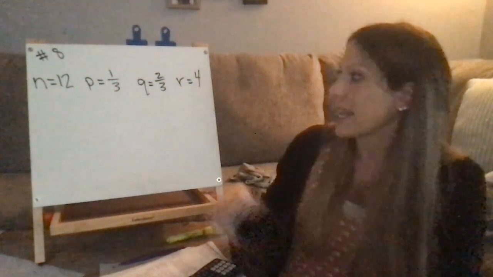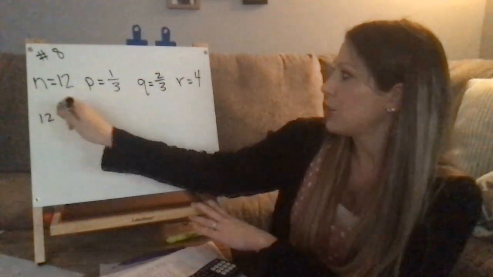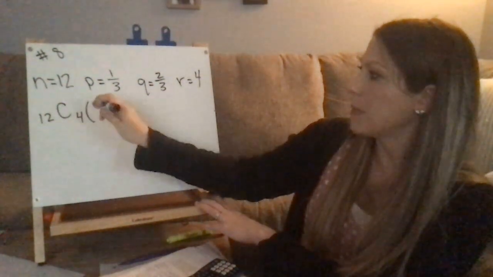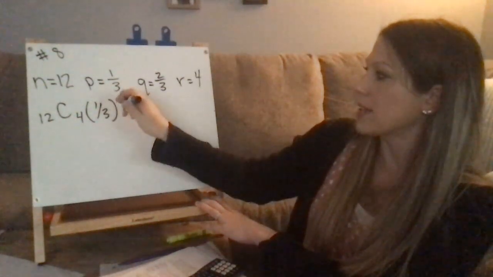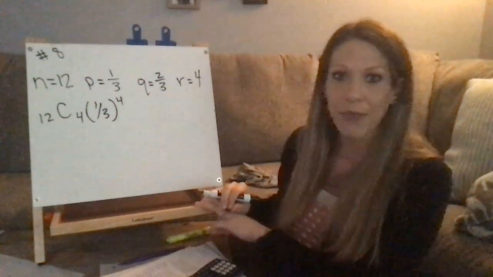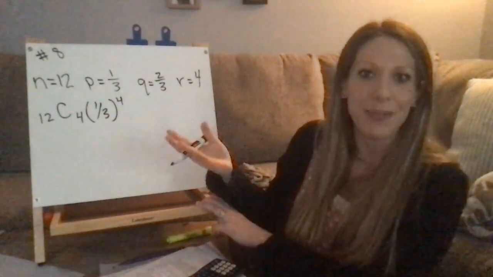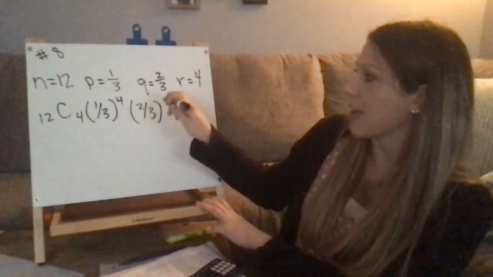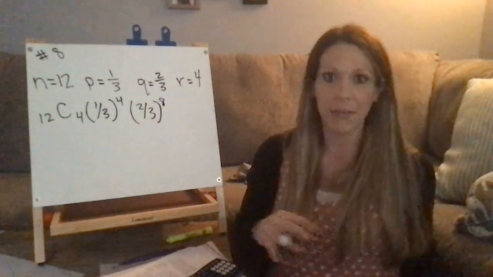So let's put it all together. 12 choose 4. Our probability of winning is 1/3. We want that to happen 4 times. We want them to be stopped by a red light 4 times, 4 cars of the 12. And then that means the other 8 cars of the 12, we do not want to be at a red light.